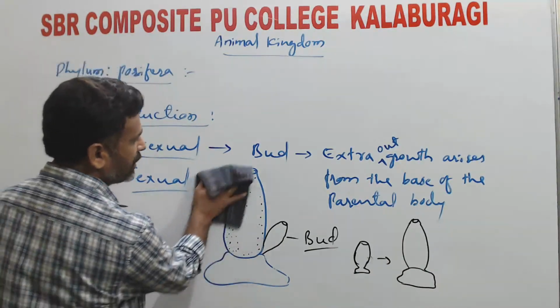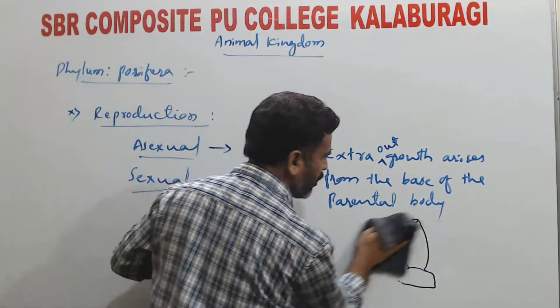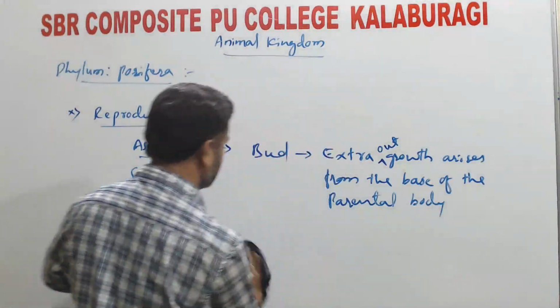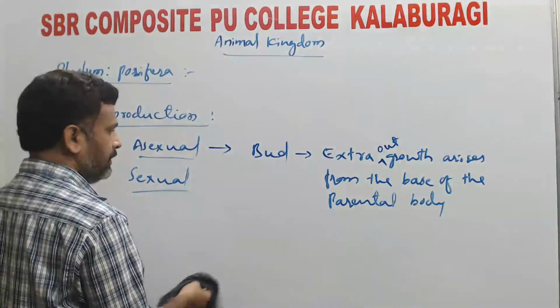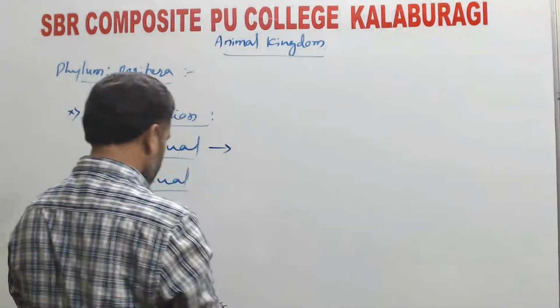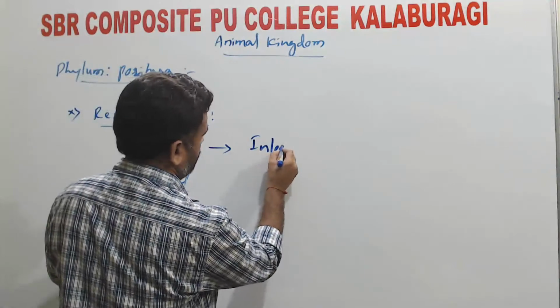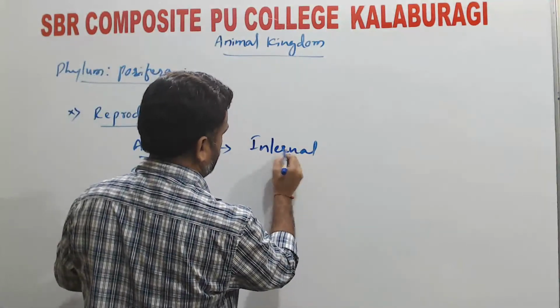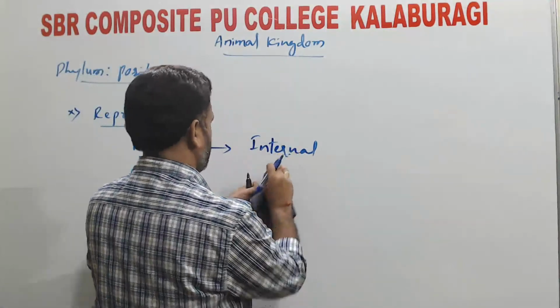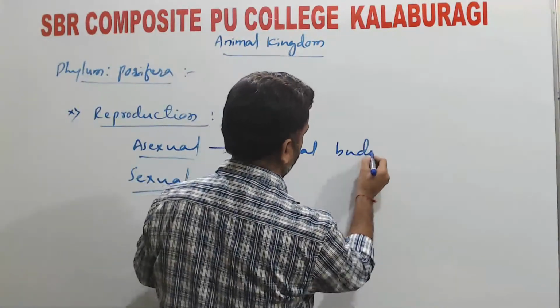Asexual reproduction is carried out not only by bud formation, but also by the presence of internal buds.